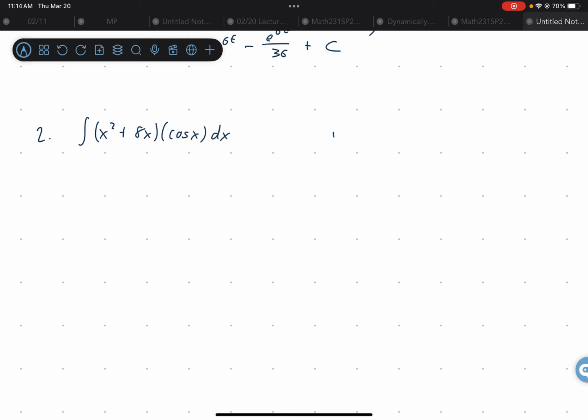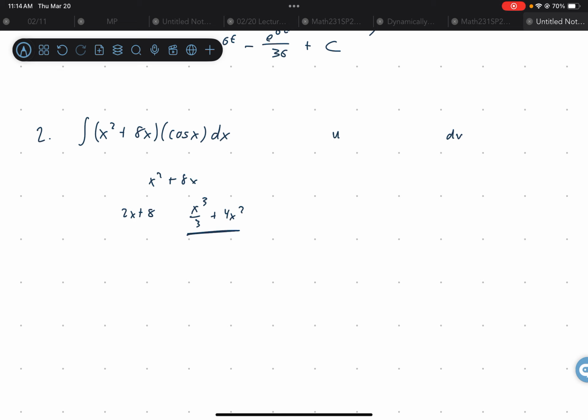And again, we have to find which term we make our derivative will make it simpler, and which term we make our antiderivative will make it simpler. So I guess we can practice getting faster at this. For x squared plus 8x, the derivative is 2x plus 8, and the antiderivative is x cubed over 3 plus 4x squared.